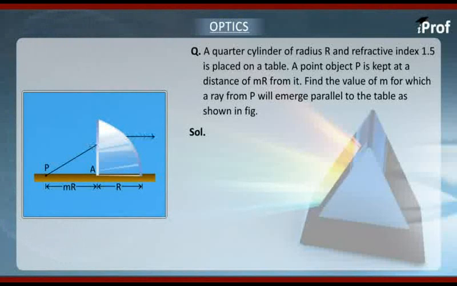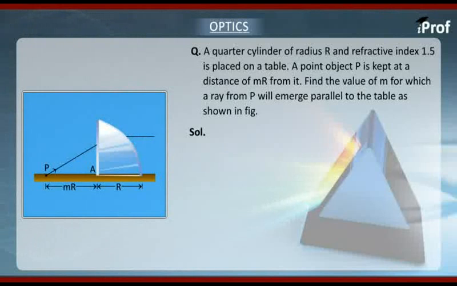Now if we consider the first event, that is a refraction from plane surface, the distance of object from interface is m times r. Now the distance of image will be mu times distance of object because a ray is travelling from rarer to denser medium.